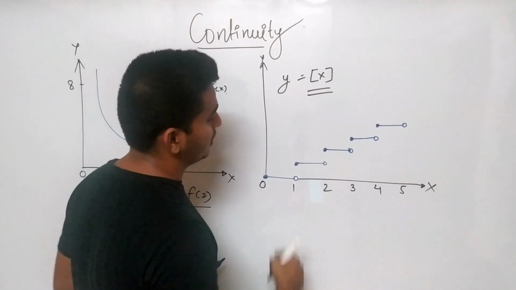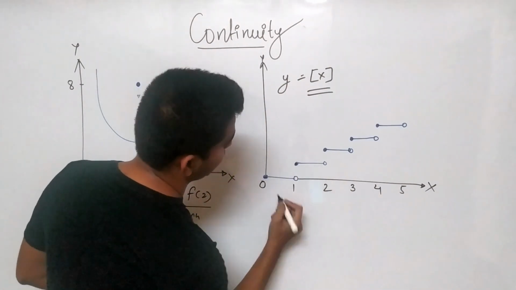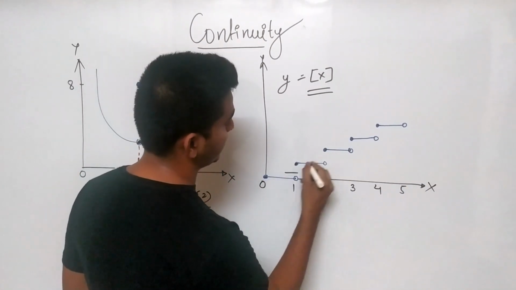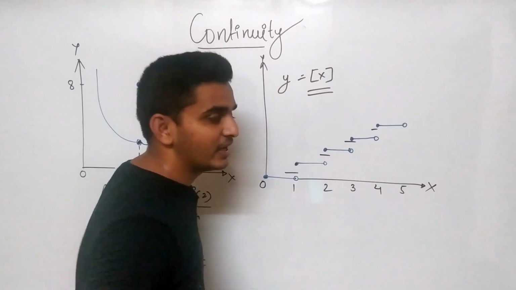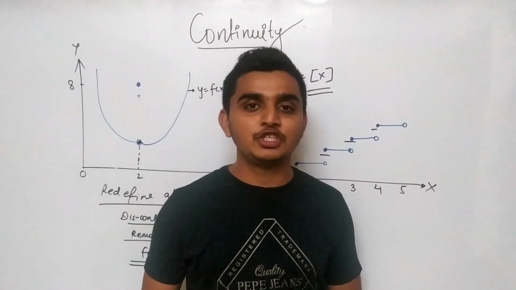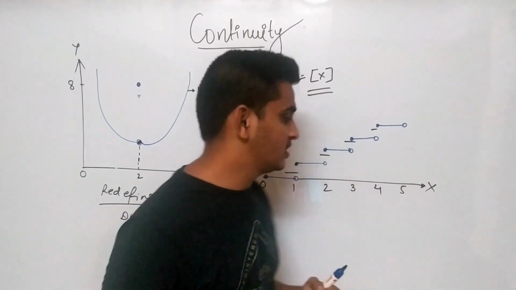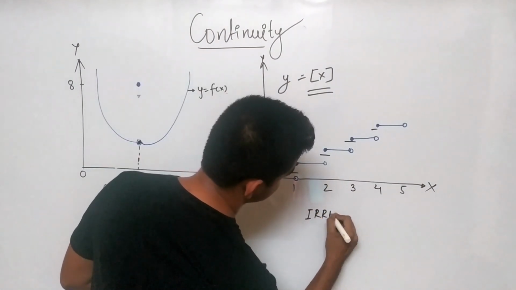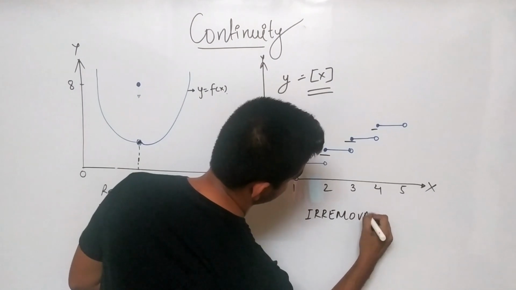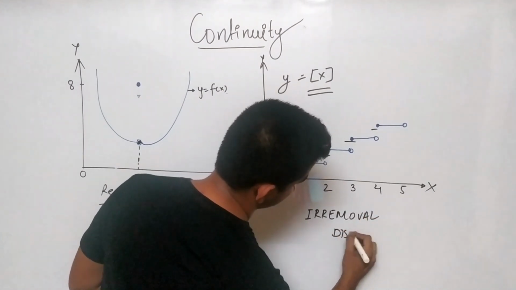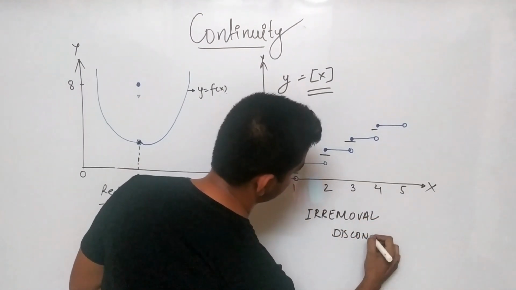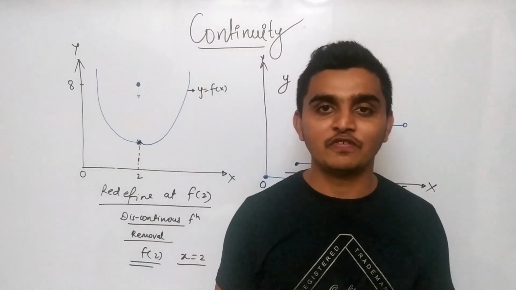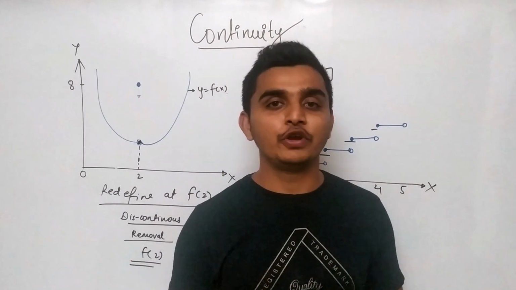At any particular instance, if we shift this point, this graph would still have a cut over here. So at every instance, you cannot change the graph and make it continuous. Thus, this graph is known as irremovable discontinuity. So these are the two different types of discontinuity which you are going to learn.